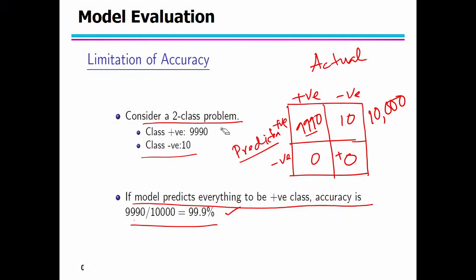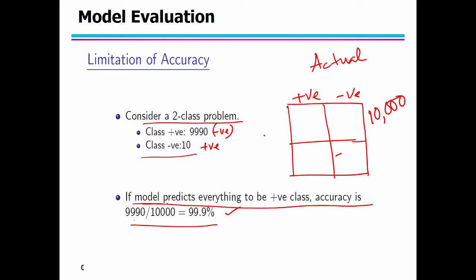Now, if you see the same problem, this is actually a negative class and this is the positive class. Now, how will the equation change? You can see it here. I am saying 9990 items belong to the negative class, you are just renaming it.